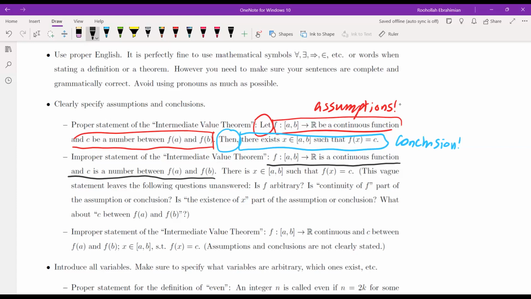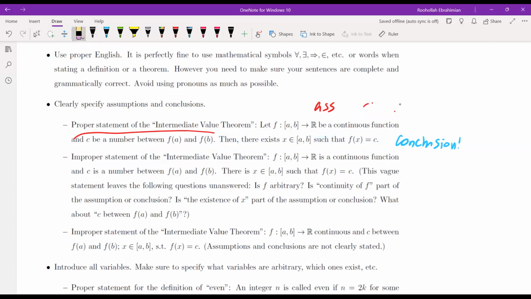Are you saying we conclude this is a continuous function, or are we saying this is assumed to be a continuous function? So it is unclear. And then same thing for the conclusion. There is x in [a,b] such that f(x) is equal to c. It's not clear whether that's part of the assumption or part of the conclusion.